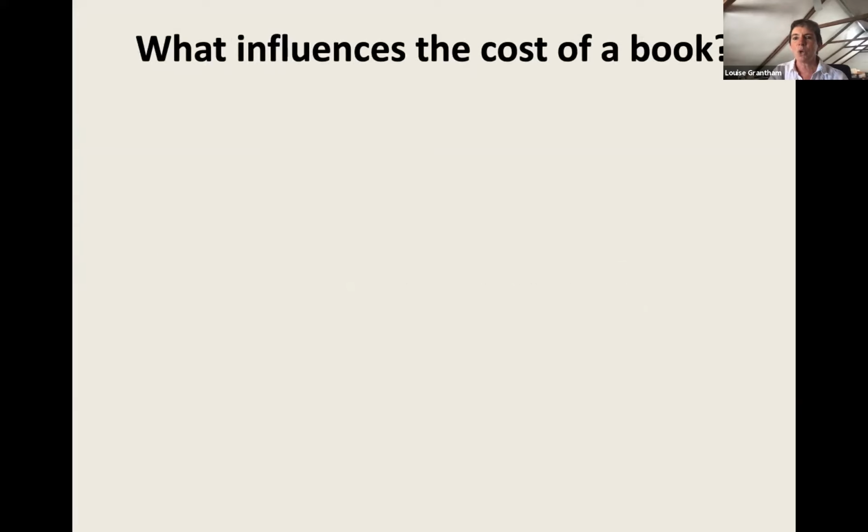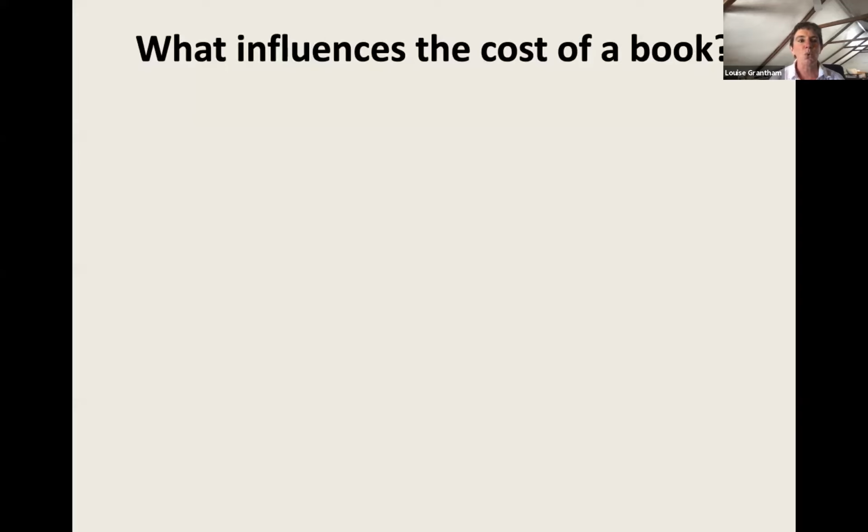So if we think about what influences the cost of a book, really what I'd like to say first is that a book is not a generic object. You might say, if we were making a table rather than a book, that it's got a relatively limited set of parameters, but books are enormously diverse.